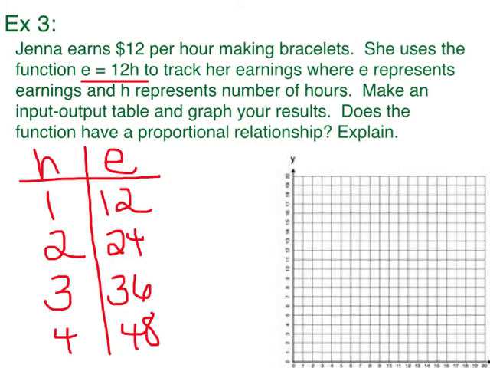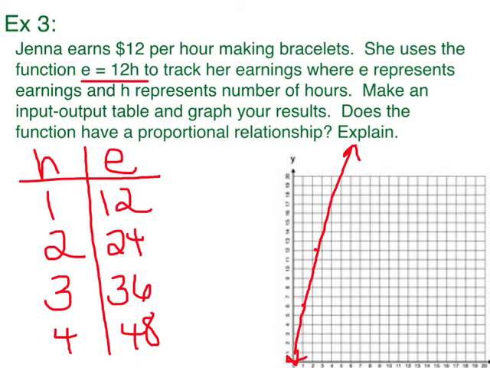So at 1, she's going to be 2, 4, 6, 8, 10, 12. And at 2, she's going to be 12, 14, 16, 18, 20, 22, 24, etc. So I'm going to graph my line, and mine's not as exact as yours will be because you're using paper and pencil.